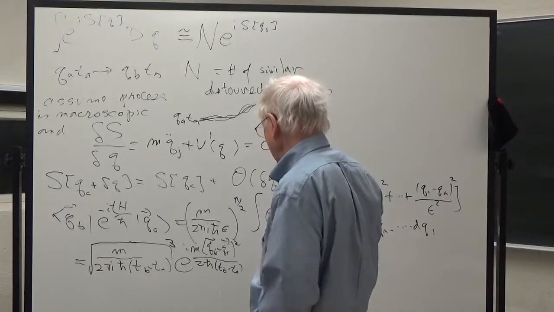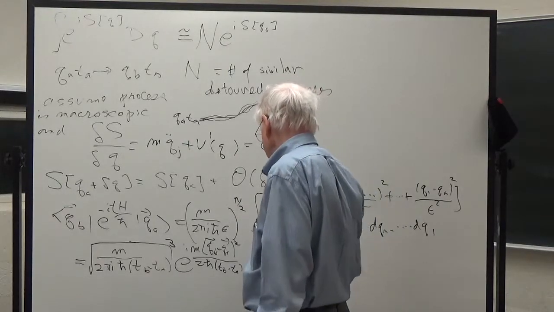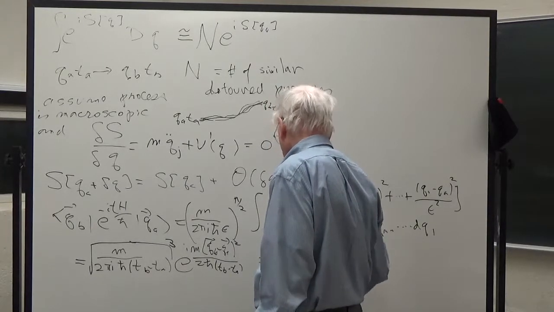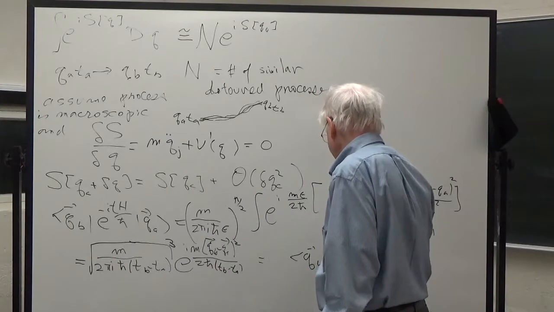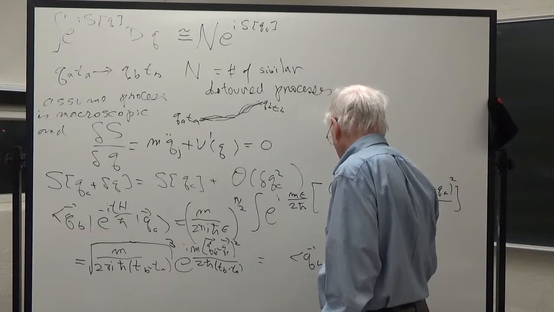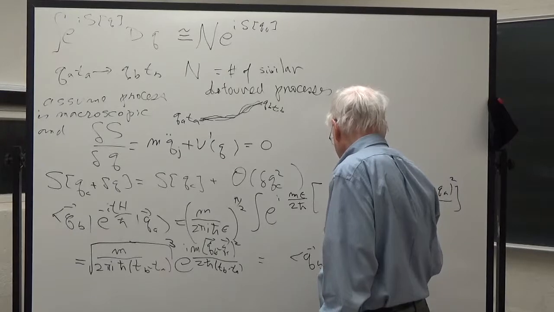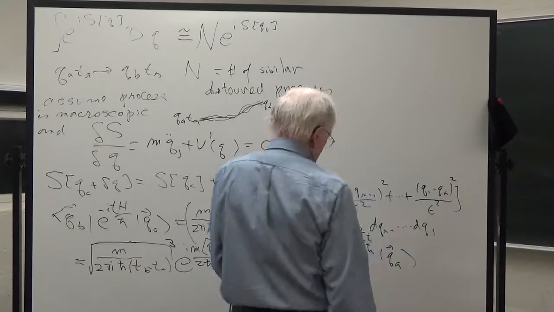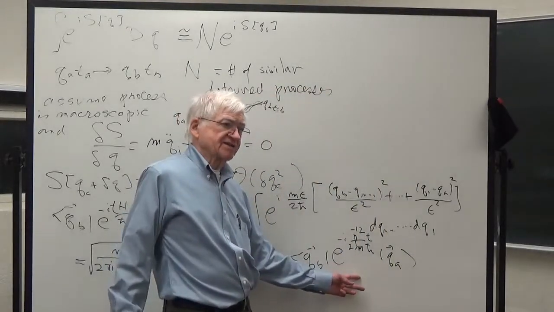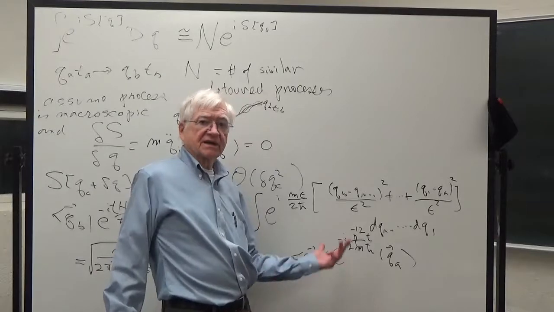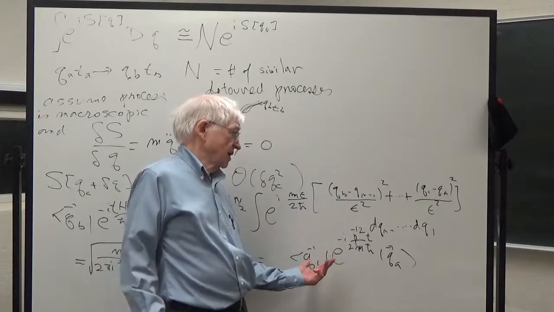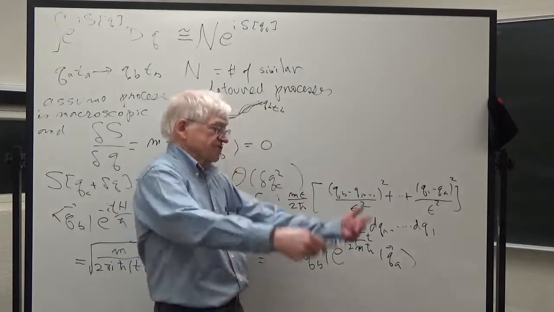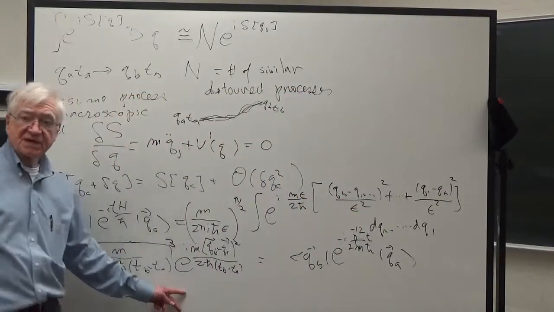The way you get it there is you take QB, e to the minus i p squared over 2m t over ħ, QA, and then insert a complete set of momentum eigenstates. This turns immediately into a Gaussian integral of the first form under the clock there, and you just do the integral and get this immediately.